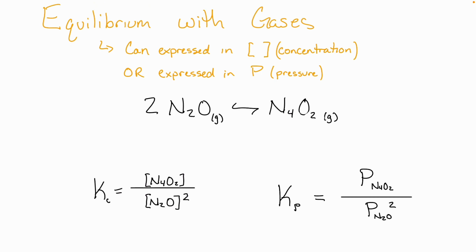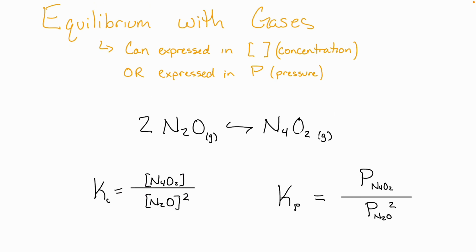Either one of these would be legit equilibrium expressions for gases, okay? And that's simply because for a gas, the pressure is proportional to the concentration. Those two things are directly proportional. If you double the pressure, you double the concentration.